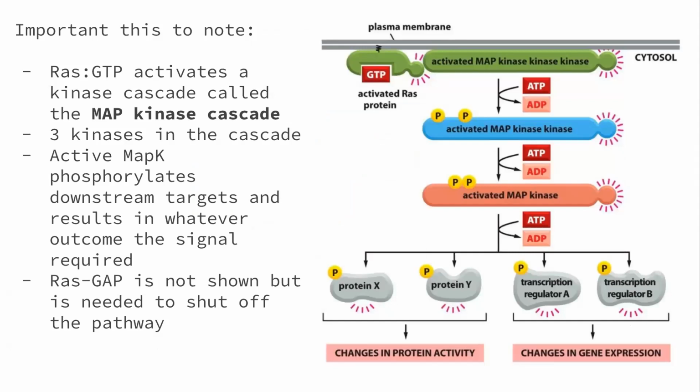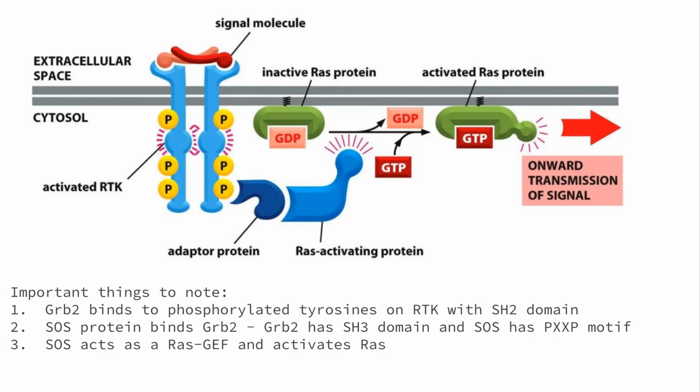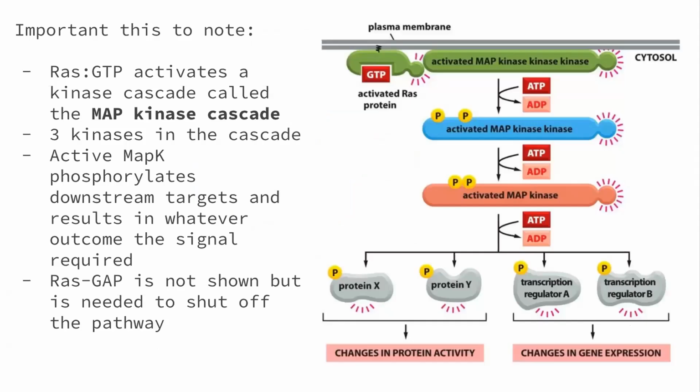Okay, so now the activated RAS protein bound to GTP goes and continues to transduce the signal throughout the pathway, and it activates a kinase cascade called the MAP kinase cascade, which is made up of 3 kinases.